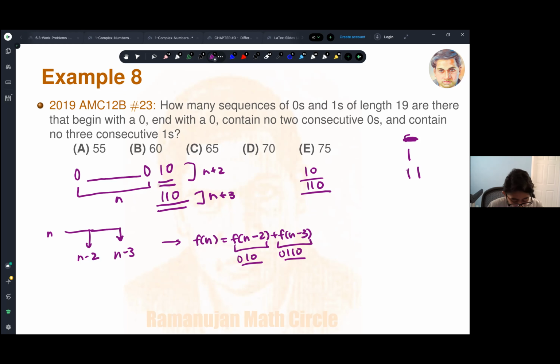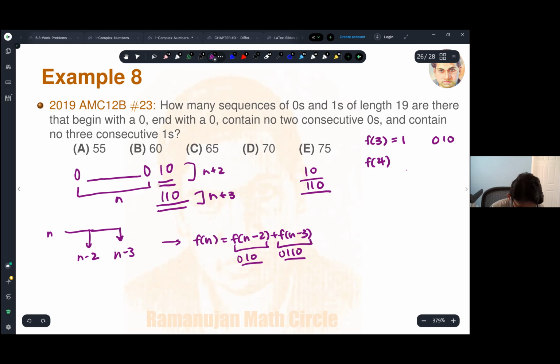Okay, we have that, but the problem is, where do we start with this recursion? If you think about it, for 3 digits, f of 3 is equal to 1, because there's only one way you can write it, 0 1 0. Before I move on, if you didn't understand, f of n is equal to the number of valid sequences of length n. f of 4 is also equal to 1, because there's only one way you could write it.